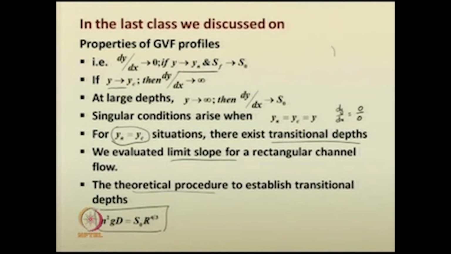The transitional depths have characteristic profiles. This theoretical procedure depends only on the channel geometry and the roughness of the channel, so the transitional depth can also be established theoretically.